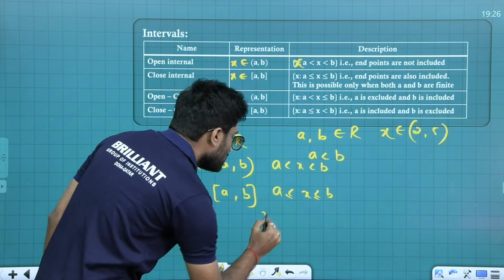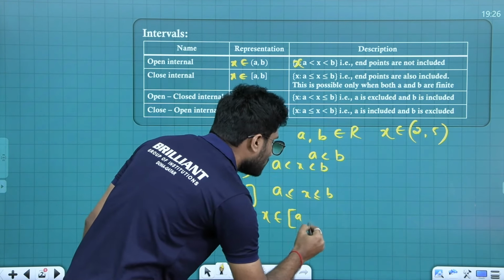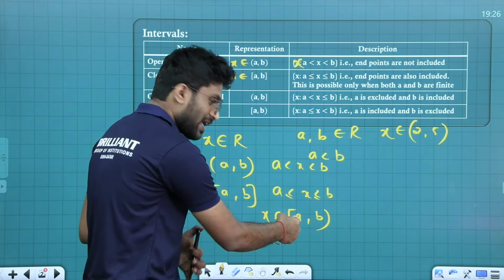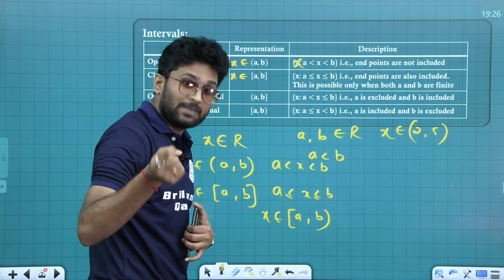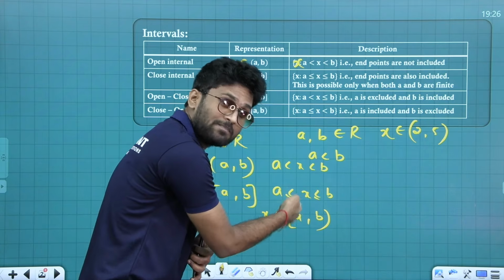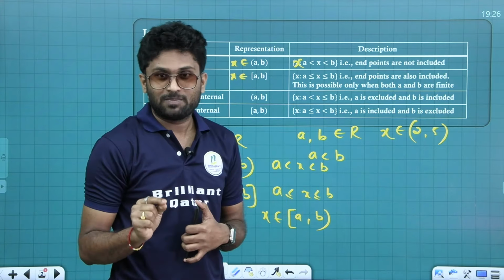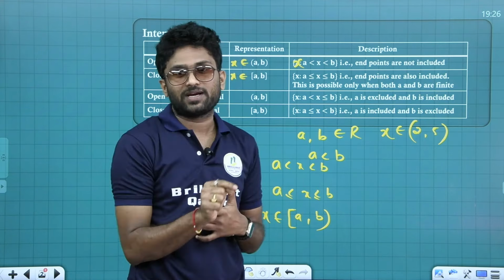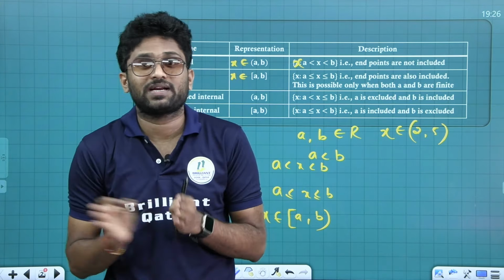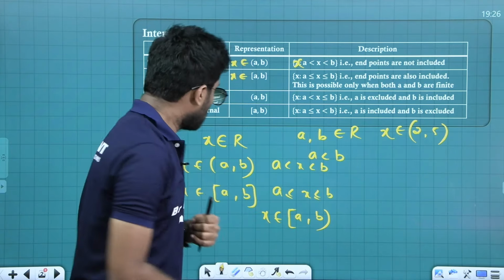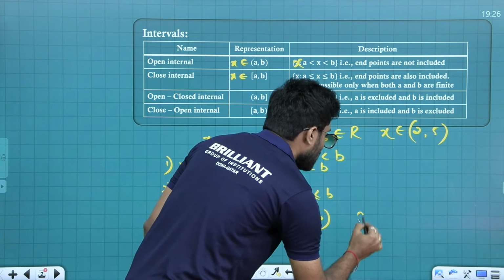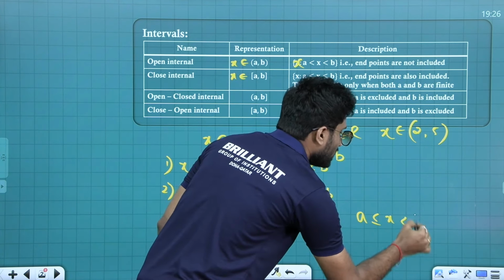Now if I say x belongs to closed a to open b, then x takes all the real numbers in between a and b, but only the endpoint a is included because a is bounded by closed bracket but not b. Clear? So, a is less than or equal to x less than b.